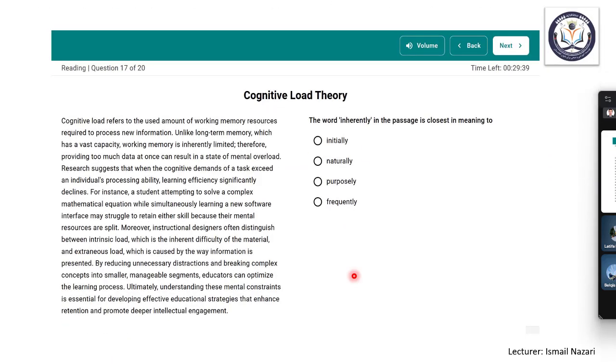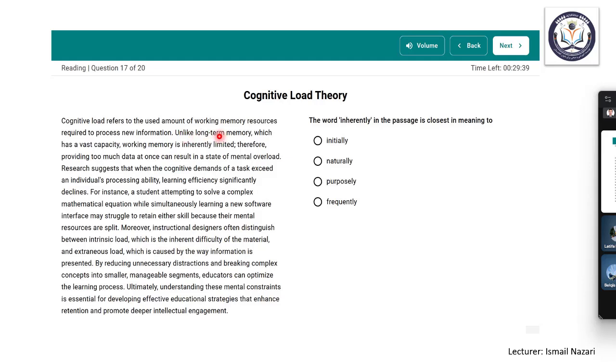As an example, we may have this question. The word inherently in the passage is closest in meaning to. So we have the word inherently here, and it is used in the third line of this passage. Let's read it. Unlike long-term memory. So what transition is used here?